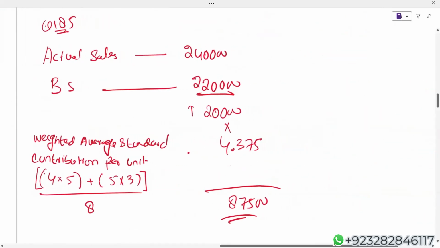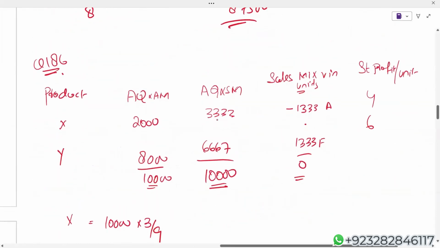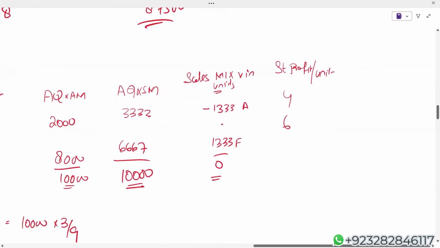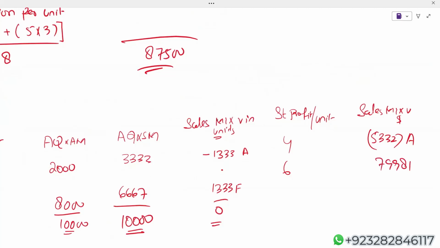So here comes your sales mix variance in dollars. 5,332, logically adverse. 7,998 favorable.